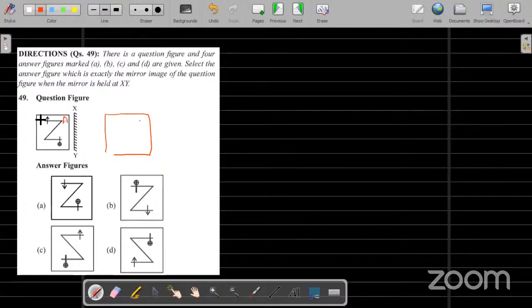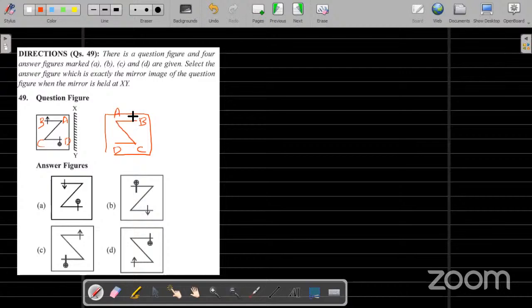If I mark points A, B, C, and D, B is moving away from the mirror. So it has to be B here and A here. Then D is moving towards the mirror, so D is here and C is here, and there's a connection between A and C.